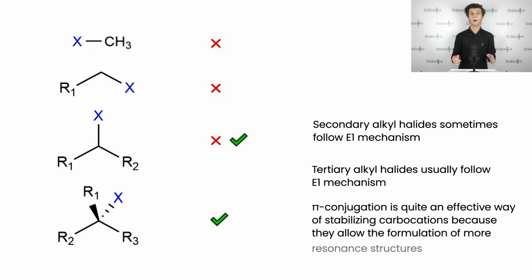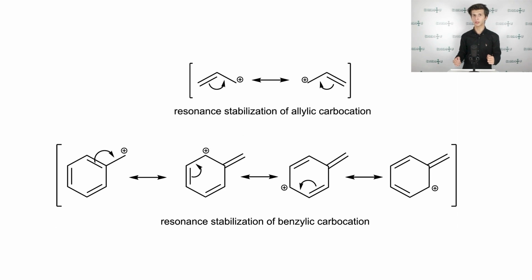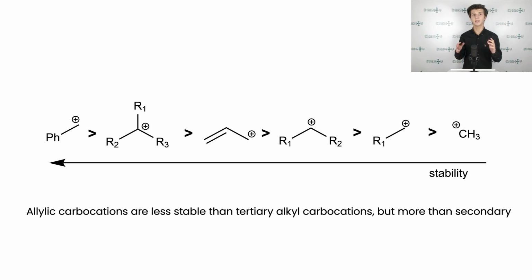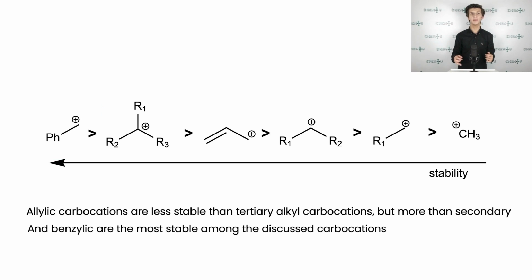For example, pi conjugation is quite an effective way of stabilizing carbocations. Such conjugation enables us to formulate more resonance structures, for example, for allylic and benzylic carbocations. That's why allylic carbocations are less stable than tertiary alkyl carbocations, but more than secondary. And benzylic is the most stable among the discussed carbocations.